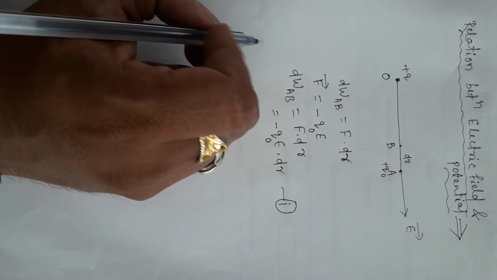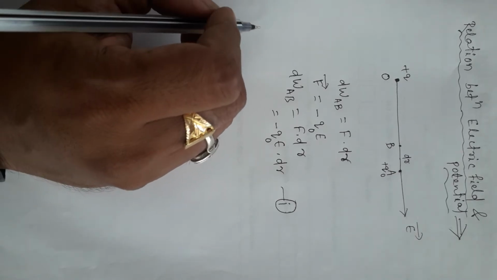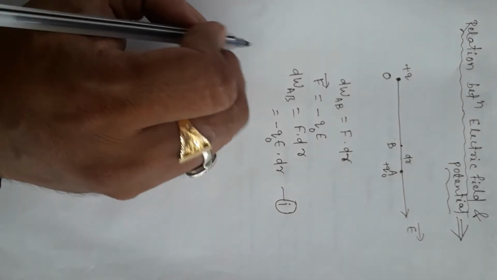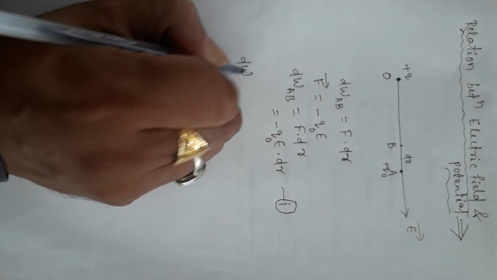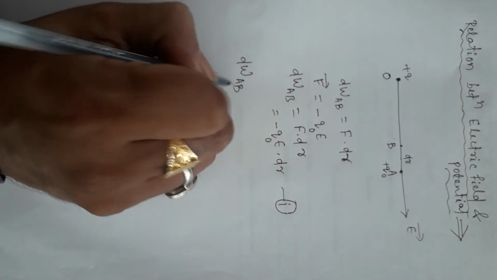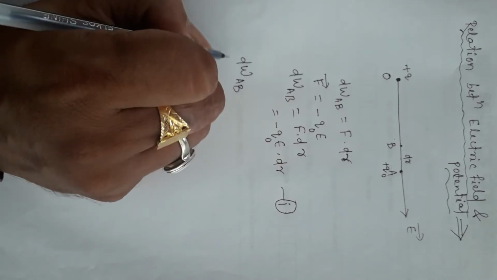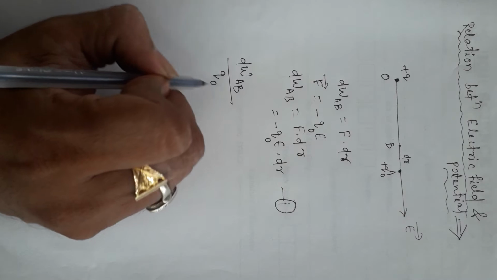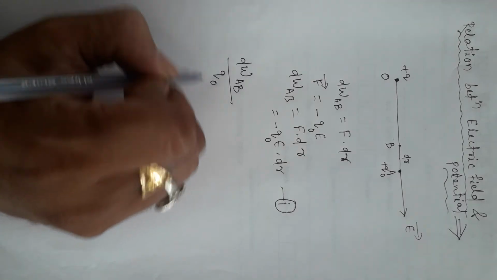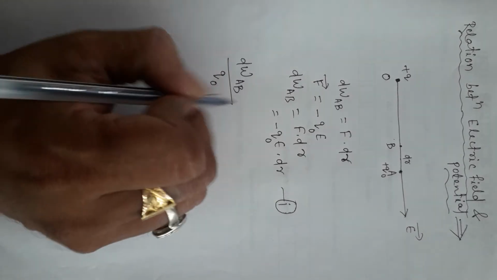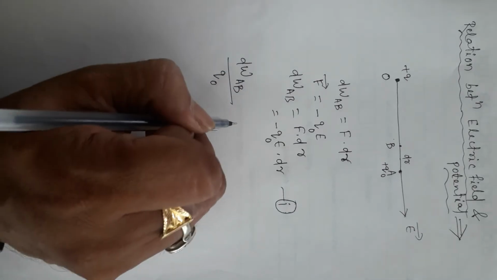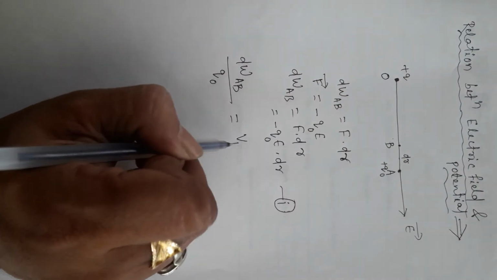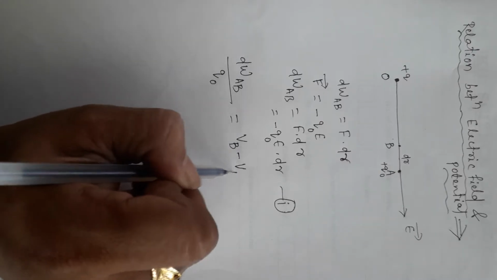Also, the small work done in moving the test charge from A to B, divided by the small test charge Q0, is work done per charge, that is potential, and this potential is VB minus VA.